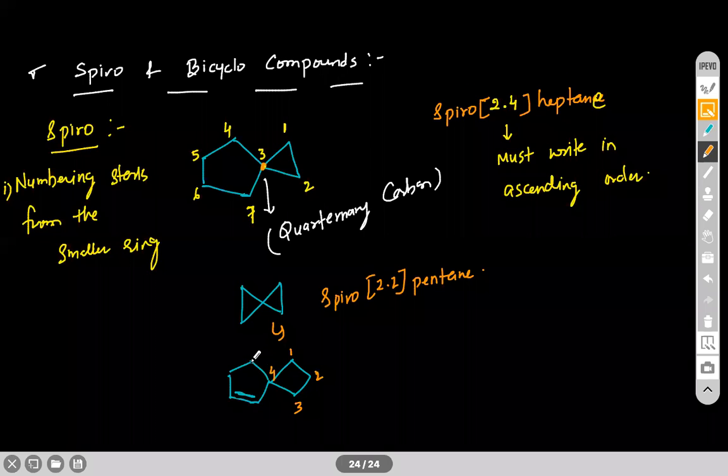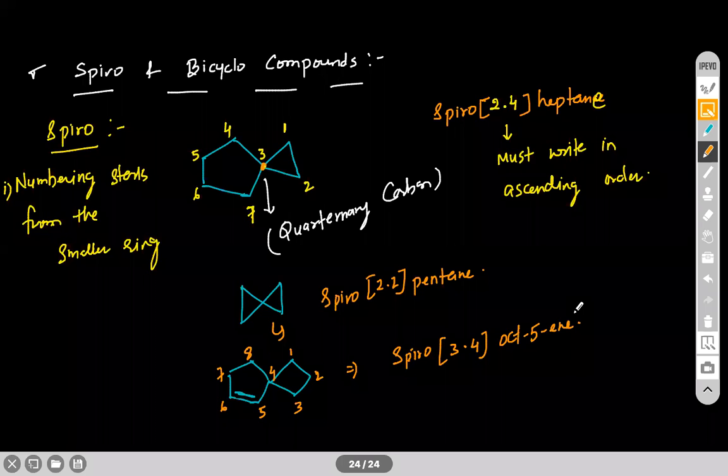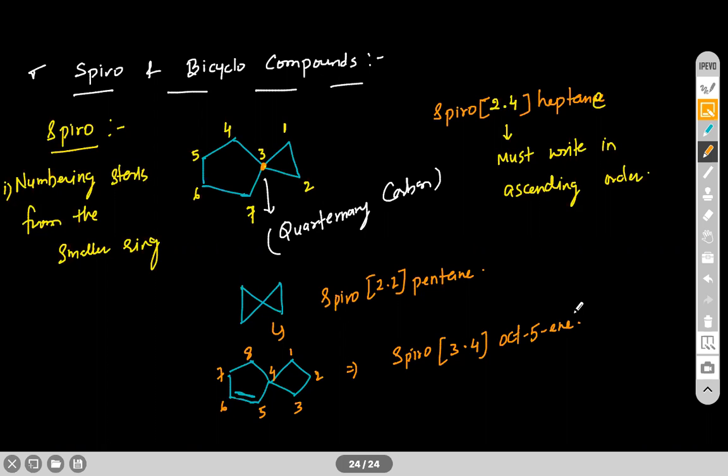Now you see, if you give this carbon as 5, then this one will be 5, 6, 7th position. We have the double bond. So we'll give this 5, 6, 7, and 8. Name is spiro, open bracket, 3.4 oct 5 ene. Correct? Understood, Dhruti? No doubt?